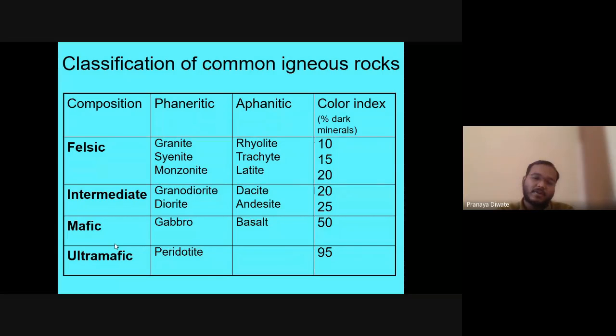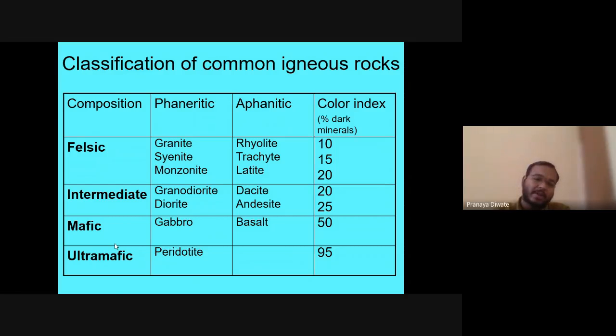Then you have granodiorite and diorite. Granodiorite is an intermediate rock and is also called the mean earth composition of the rock. It does not have a very high felsic value.